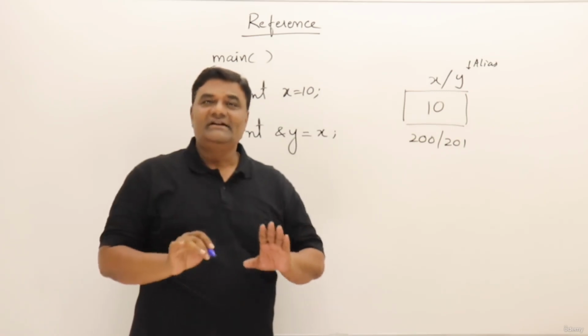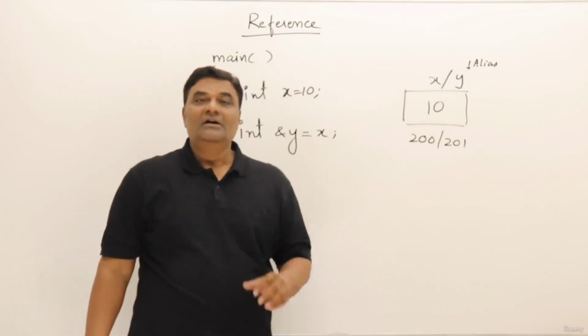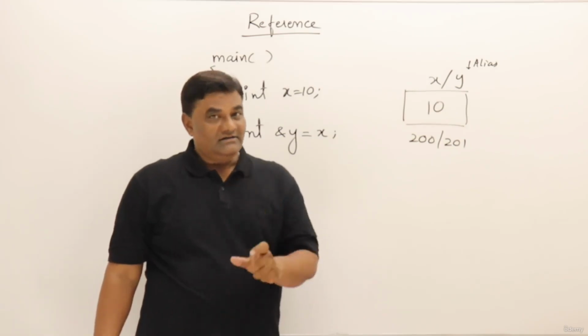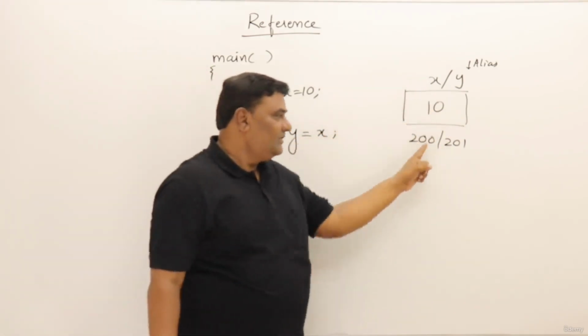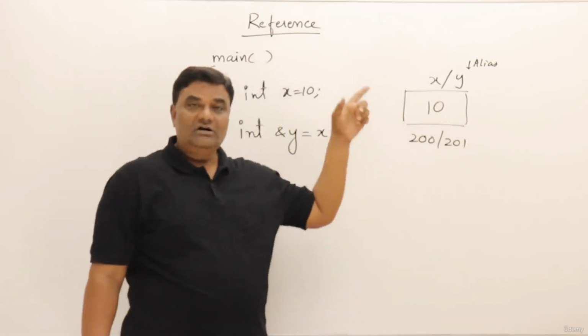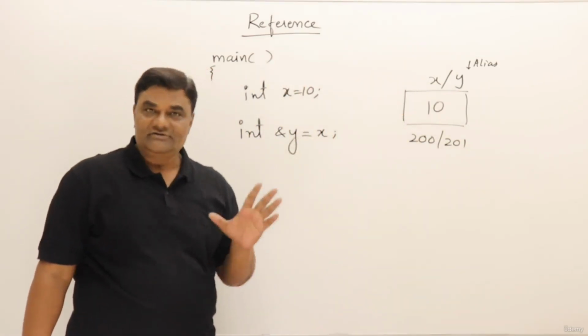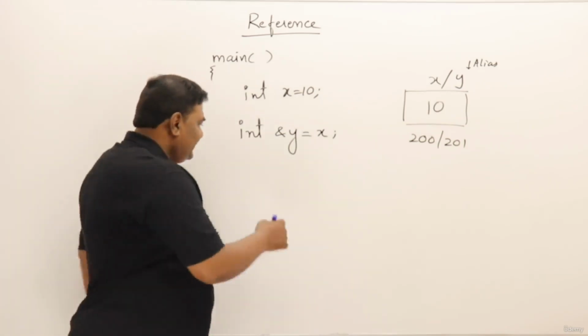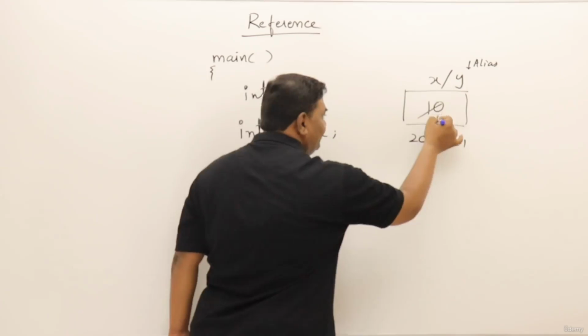So why do you need this? We don't need it inside the same function. Where do we need it? I will show you in my next topic. But you can have another name for a variable. So that same location 200, 201 can be called with name x, and can be called with name y also. Right? So if I say x plus plus, then this value becomes 11.